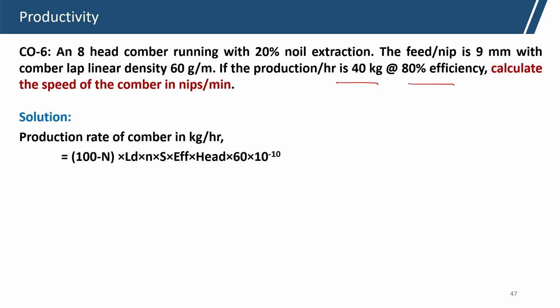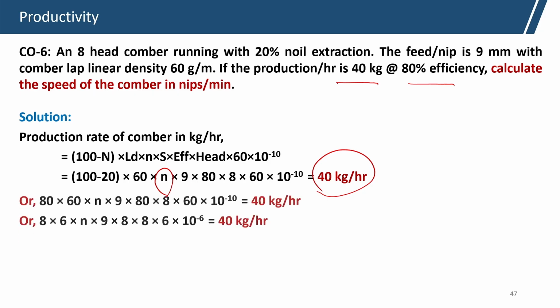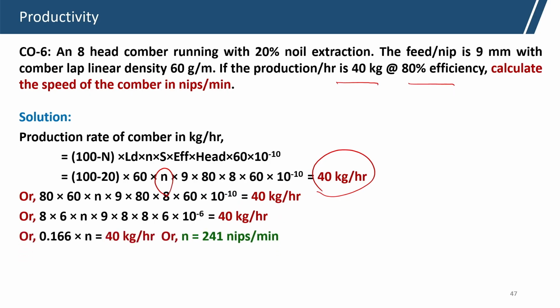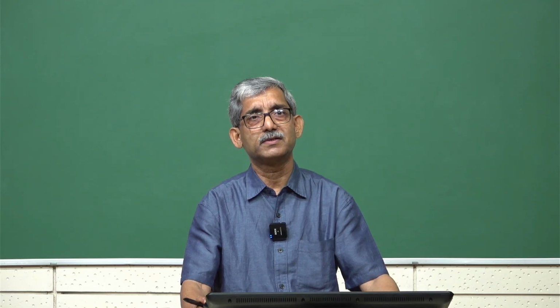So, this is the production rate where the nips per minute is to be calculated. The productivity is given, and all the remaining data are given. So, here we can see N is 241 nips per minute. So, in this way, if we know the basic relationship, we can calculate any parameter.